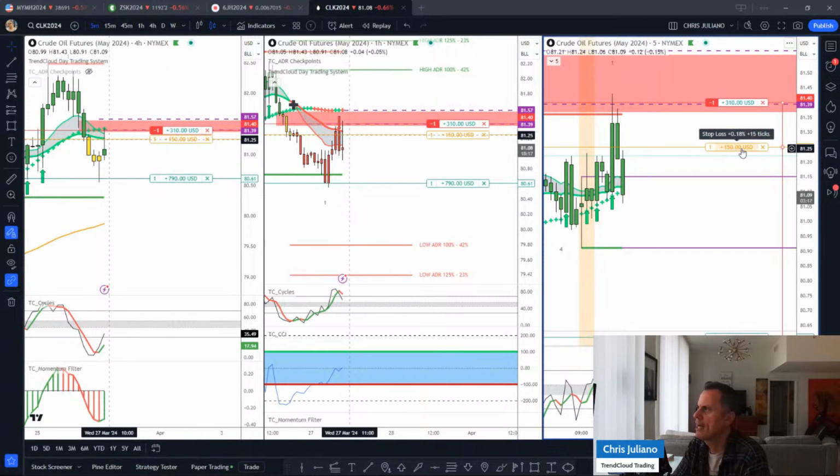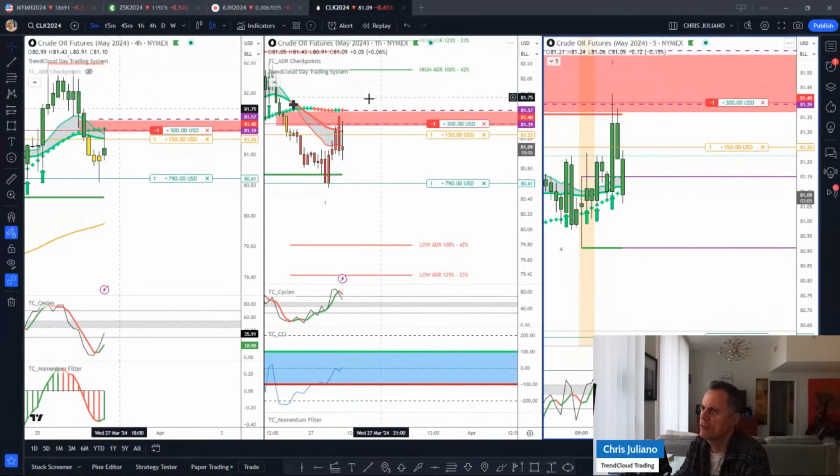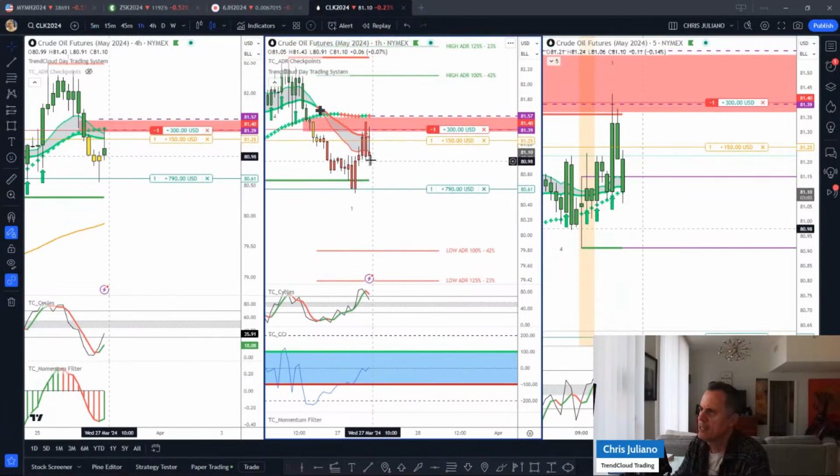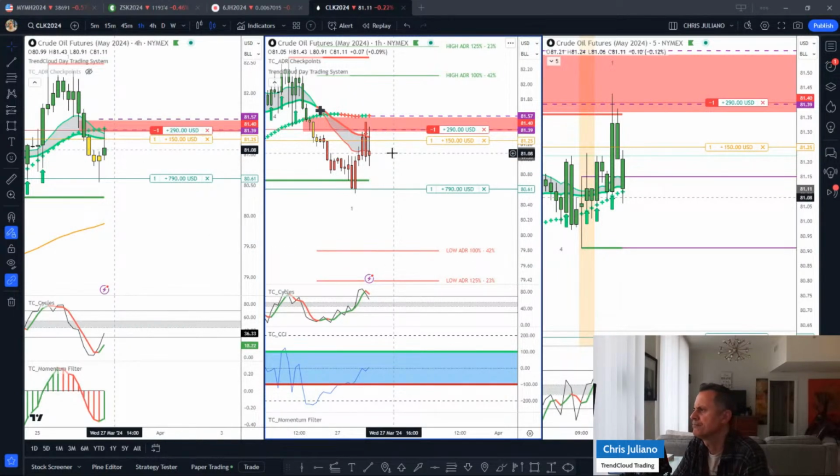Trying to get below that 5-minute trend cloud and get the crossover, but we don't want it to retrace back up to this zone. Really nice rejection candle. Look at that nice rejection candle on the 1 hour chart. Can we get the full reversal here? That's the question.